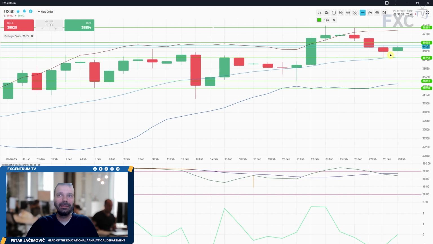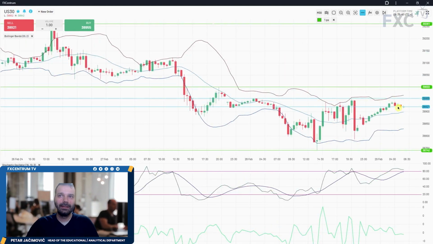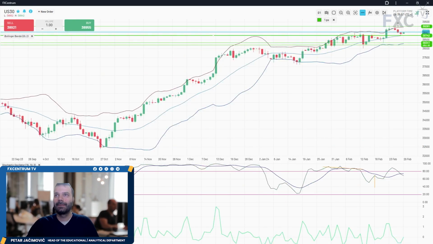So at this point, I will just pay attention around this middle Bollinger Band and see if the market can trade lower and try to trade below this cluster of lows. So far, it's just consolidation between the upper and lower Bollinger Bands.